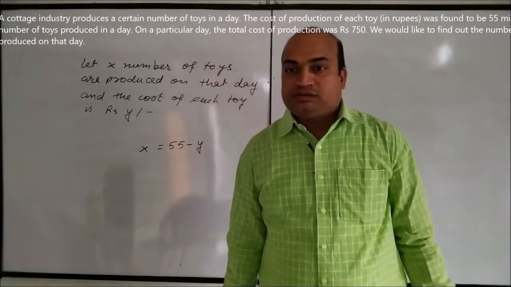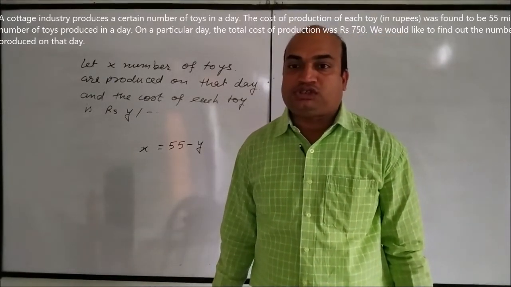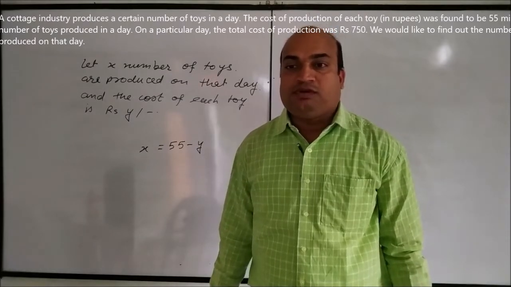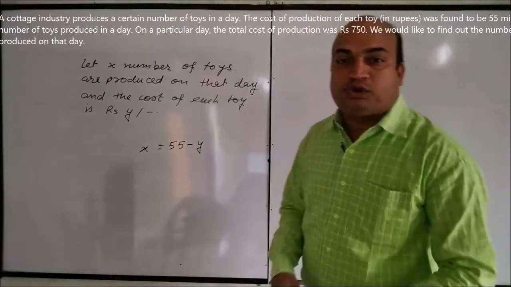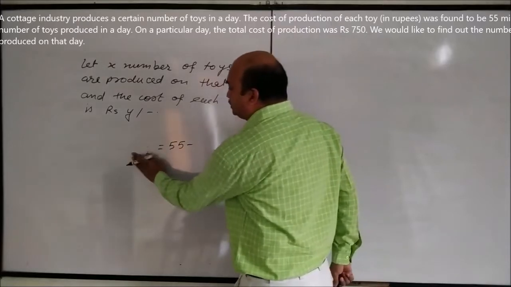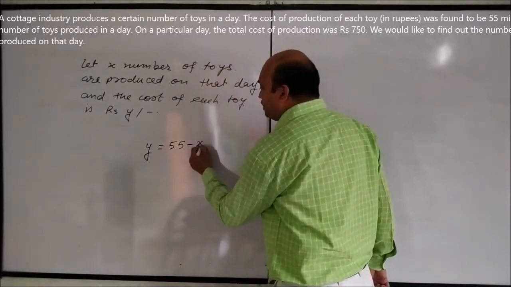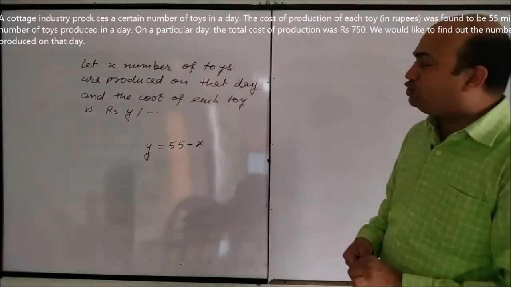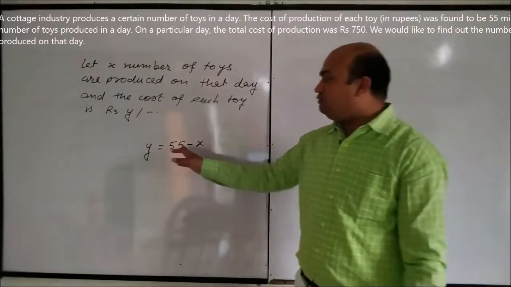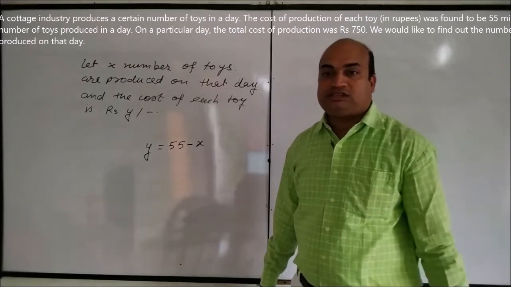Now it is said that the cost of production of each toy was found to be 55 minus the number of toys produced on that day. The cost of production of each toy we considered as y, that is 55 minus the number of toys produced on that day, that is x. So y we are getting 55 minus x.